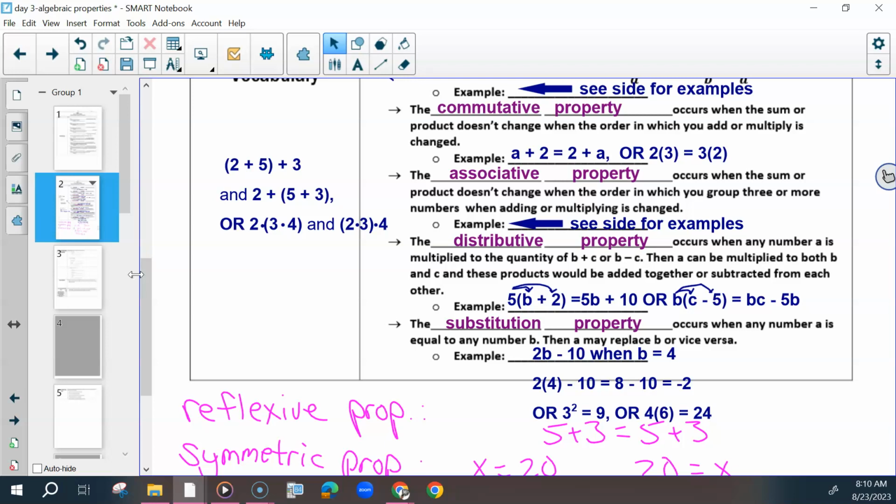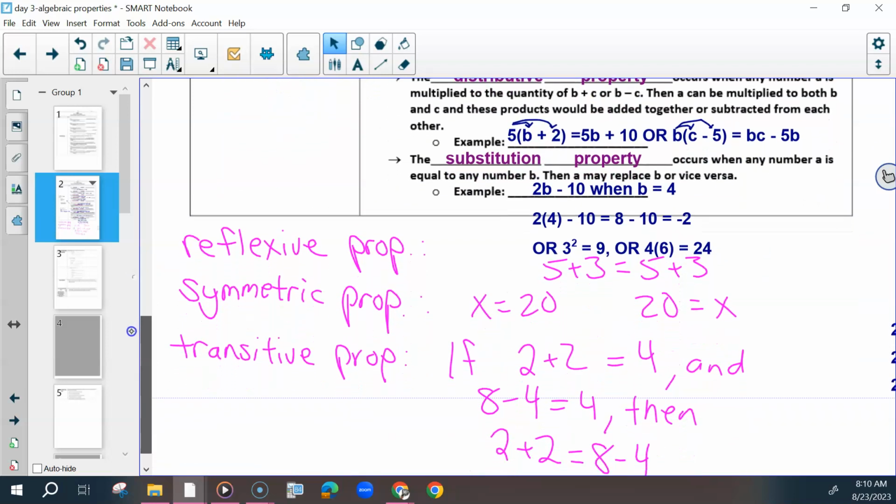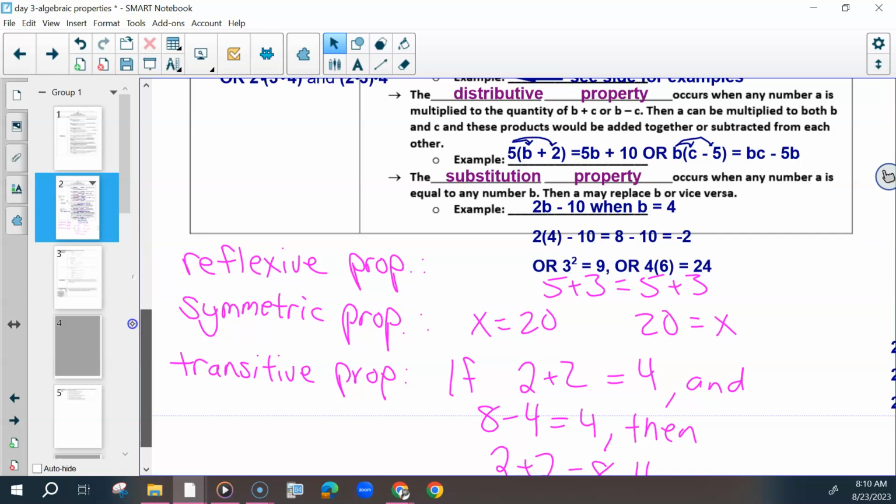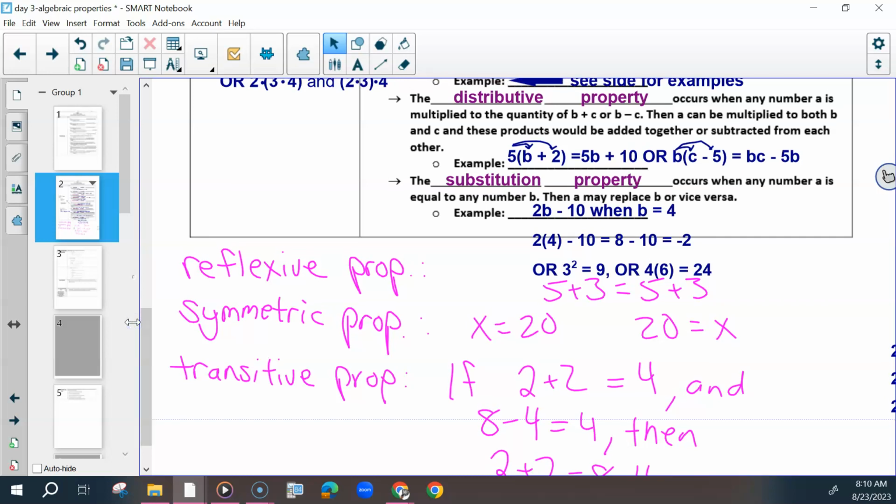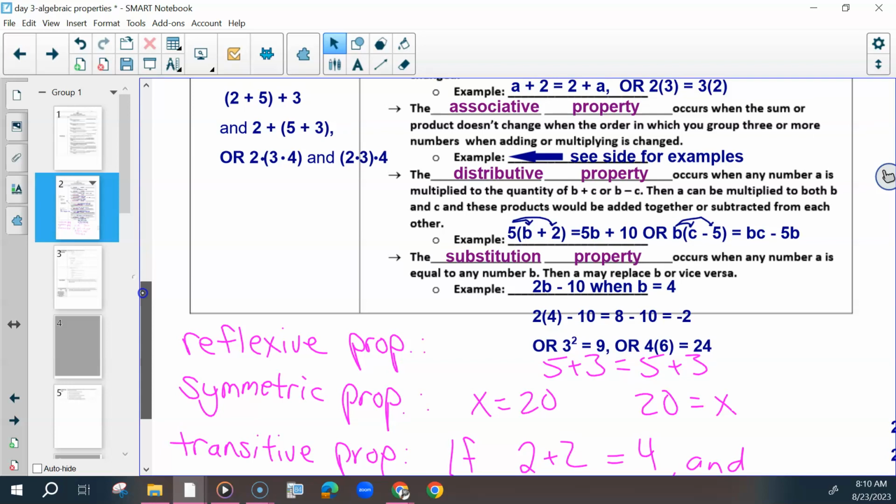What's the example for the associative? It's either of these. A couple other hands for anyone else who still needs associative? Do you remember the example for multiplicative inverse?